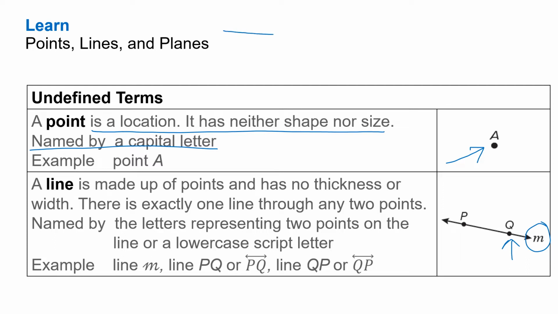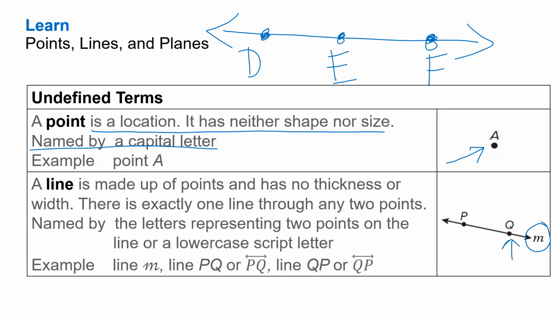Now, what if we had a line and it had 3 points on it, and I called them D, E, and F? I can name this line using any 2 letters, D, E, and F. So I can name them using my symbol for line.